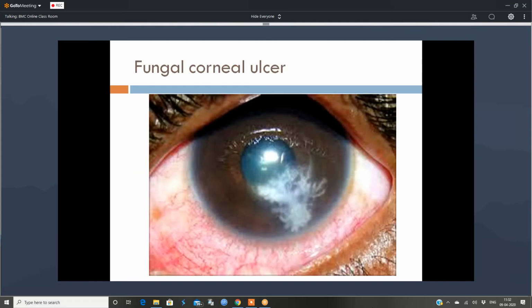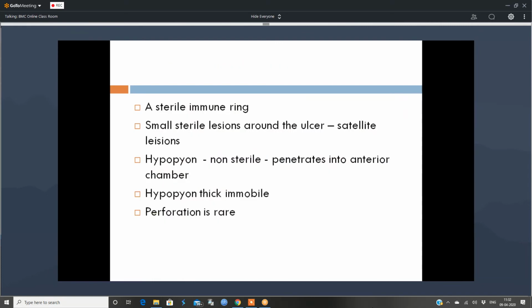Look at the figure here. You can make out that there are a lot of finger-like or feather-like projections. There is circumcorneal congestion and a well-defined ulcer with feathery margins. Another important feature is the presence of a sterile immune ring.